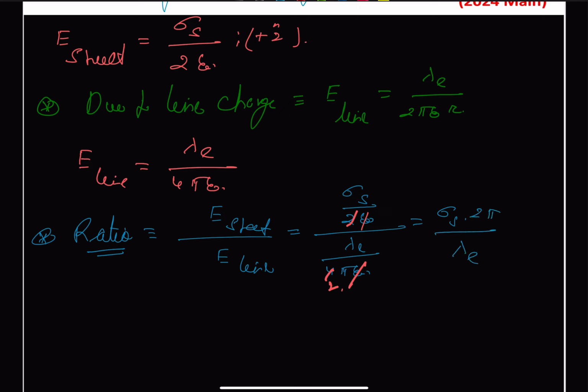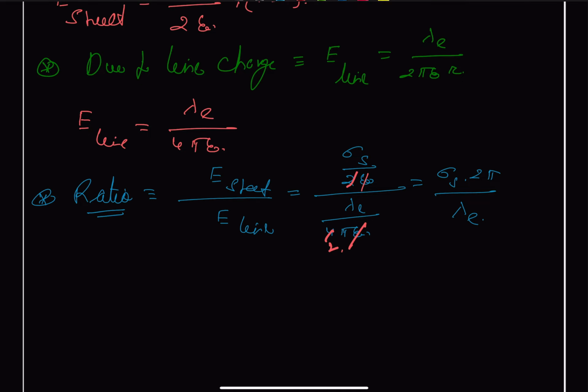And we are given that sigma s is equal to twice lambda e. Sigma s is twice lambda e, so this becomes twice lambda e multiplied by 2 pi and divided by lambda e. Lambda e cancels out, so this comes as 4 pi, and the given ratio is pi square root of n is to 1.